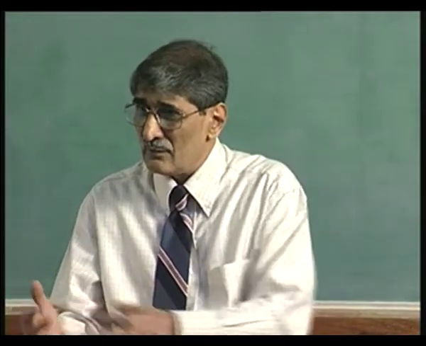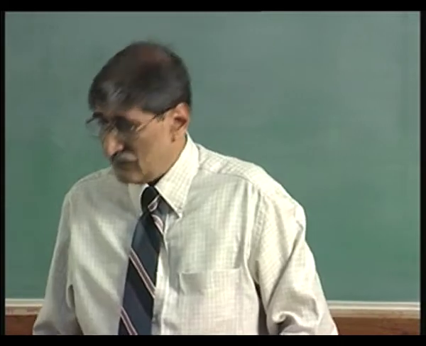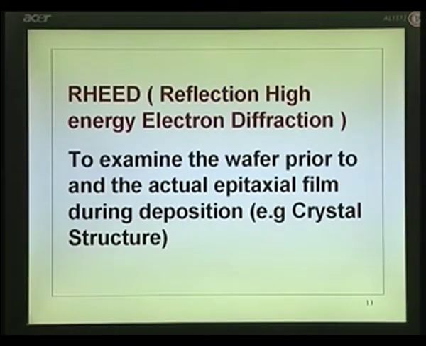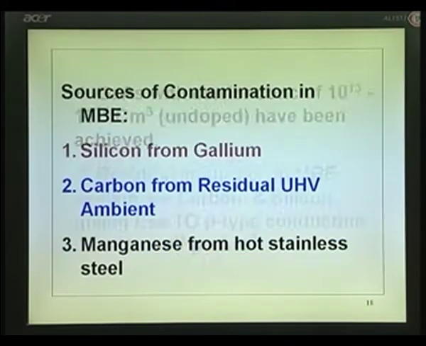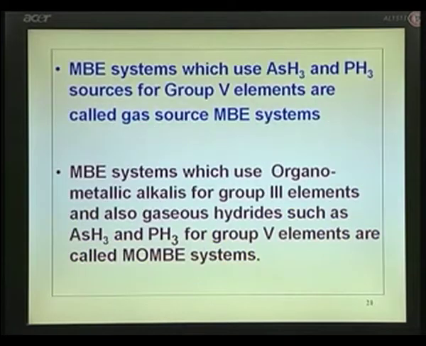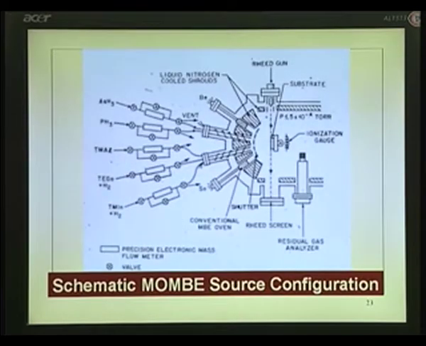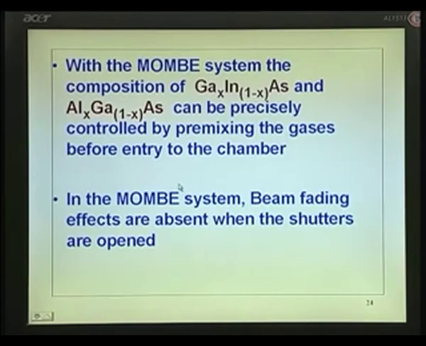Even if that cools down, the flow is there. So, that is what we meant by saying, because this is outside, you can control the flow of these constituent elements externally, the fading effect of the beam is not present. Okay?